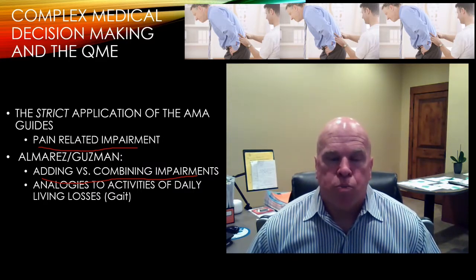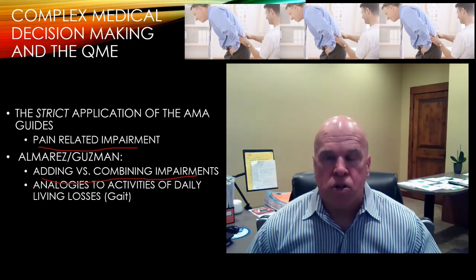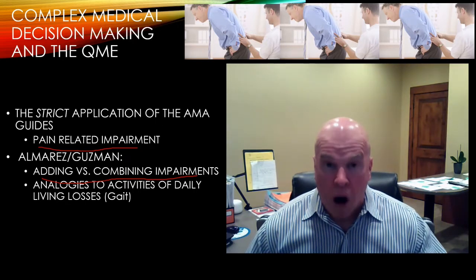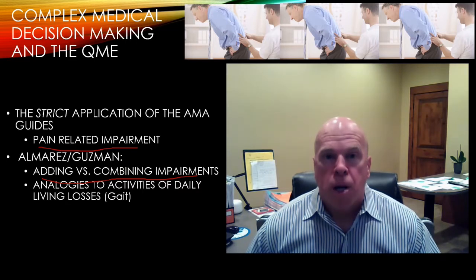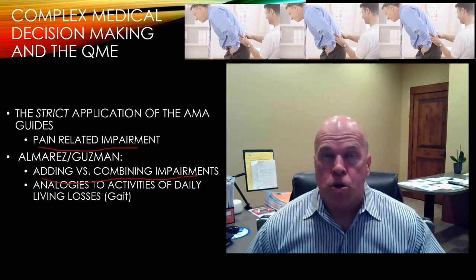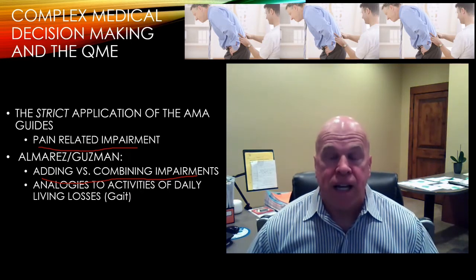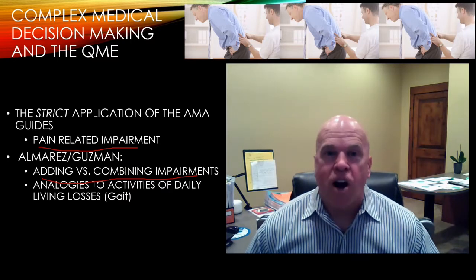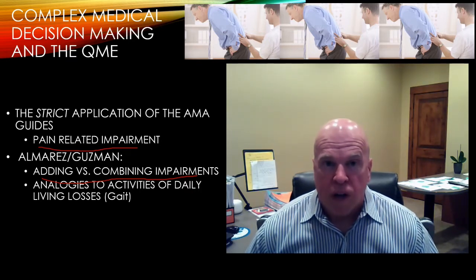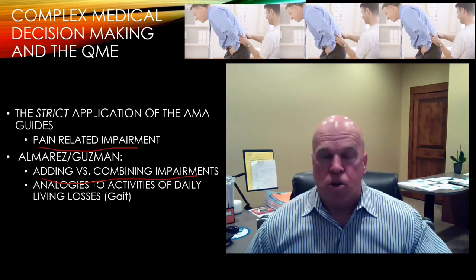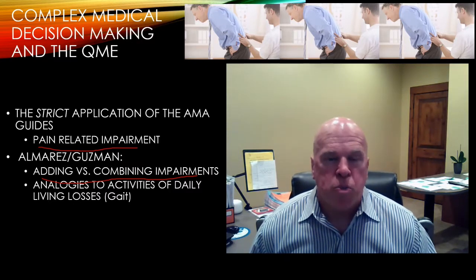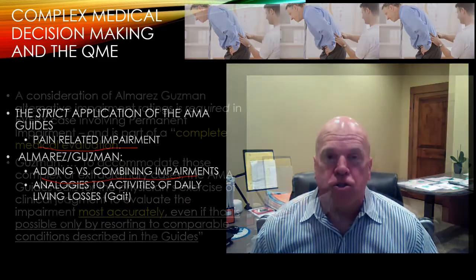And that has to do with providing permanent impairment ratings for conditions that may not be listed in the guides by creating an analogy to conditions that are listed in the guides, or by creating analogies to conditions that cause same or similar impairments or same or similar losses for activities of daily living as conditions that are described in the AMA guides. So it's the creation of analogies to activities of daily living losses to most accurately describe your examinee's permanent impairment. Okay, so let's begin with a couple of case discussions.